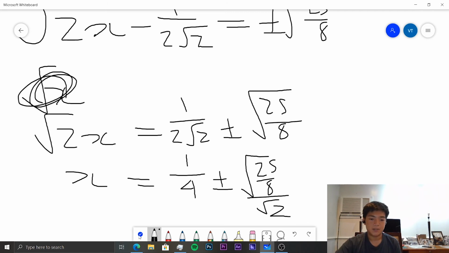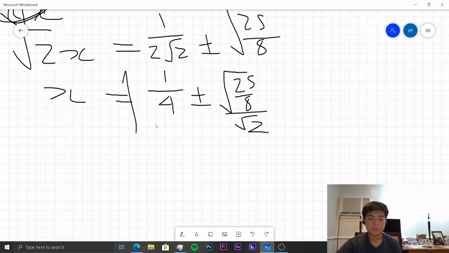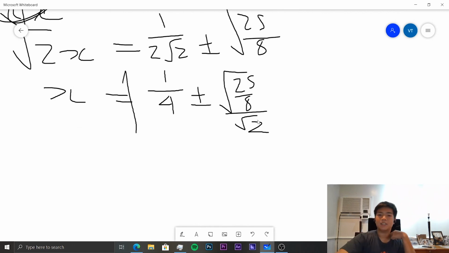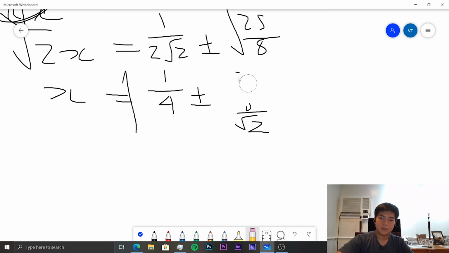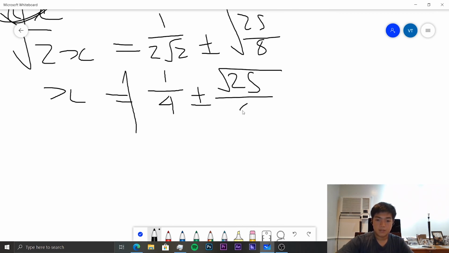Well, I guess we can just calculate the exact values at this point. Technically, the square root of 25 over 8, over root 2, is equal to the square root of 25 over 4. So let's just calculate it like this. We have 1 plus or minus the square root of 25 over 4.